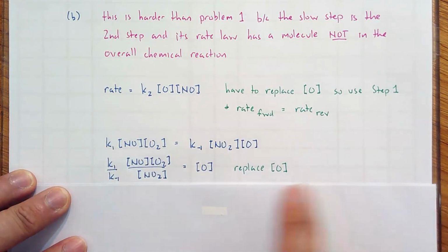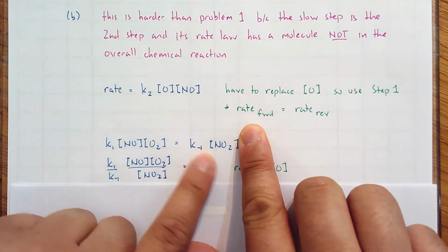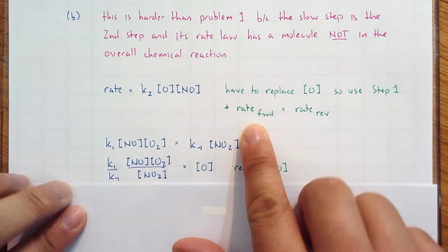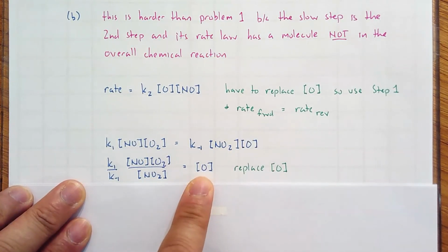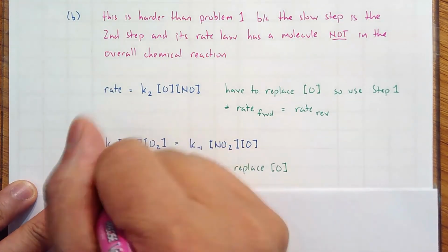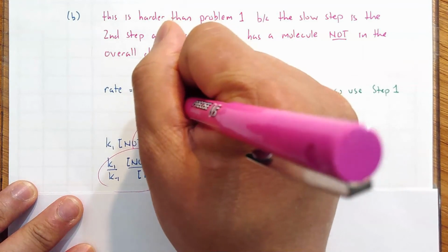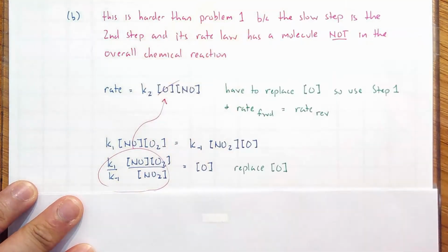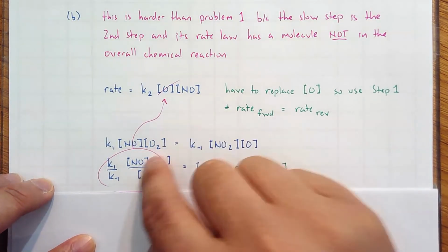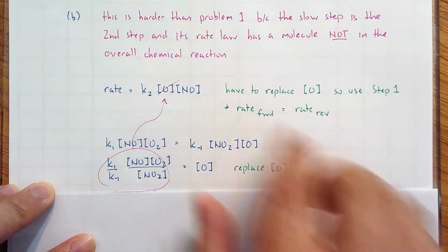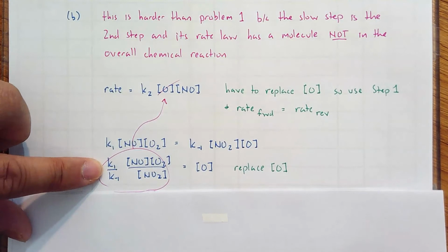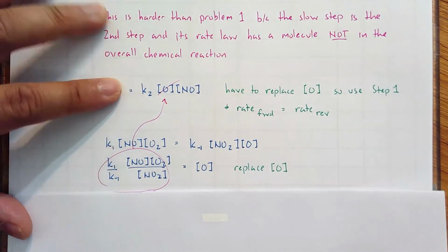What did I do? I took those two terms and I divided both sides by these two terms. So now I isolated O. You are taking this expression and you are substituting it right there, and you're getting rid of this. When that happens, you notice that we have NO twice. So I would expect the concentration of NO to be squared. I'm also carrying the K's, the specific K's, the K1 and the K minus 1 up to here.